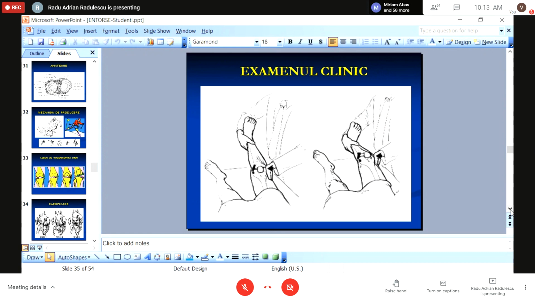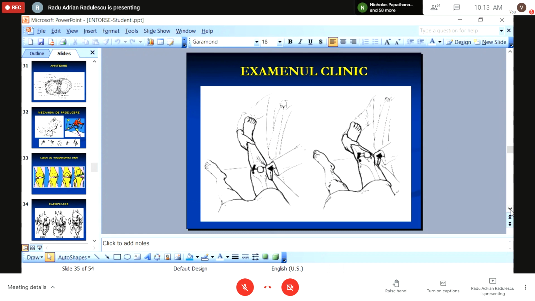And the physical disability, meaning the limitation in knee motion, first of all, and then some instability or even impossibility of weight bearing on that limb. So these are the symptoms.